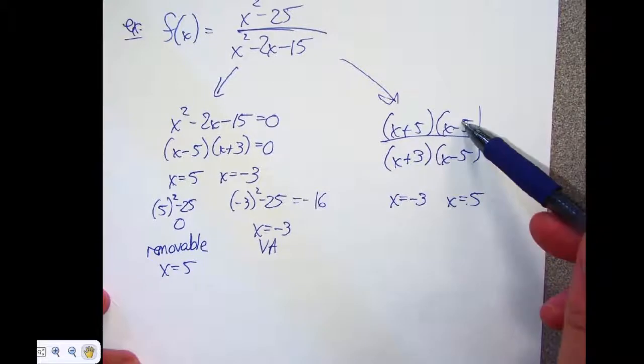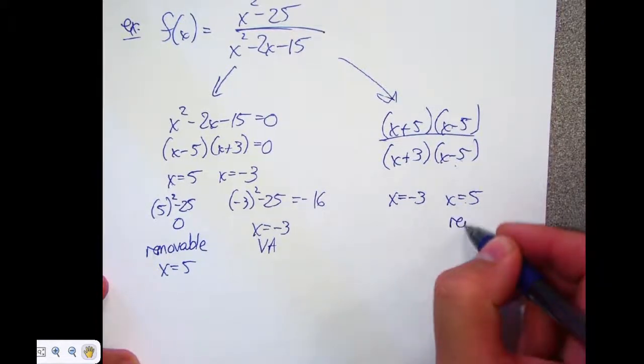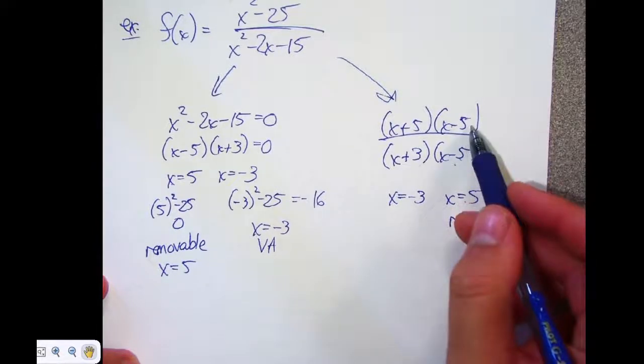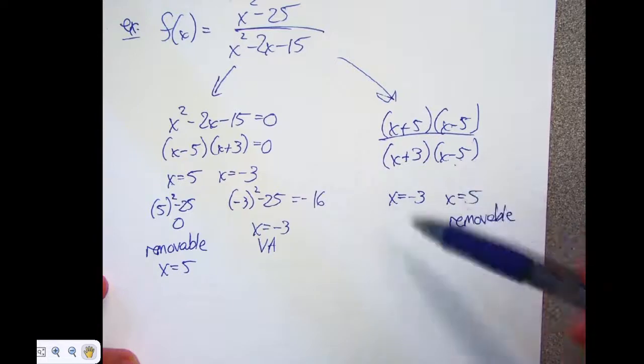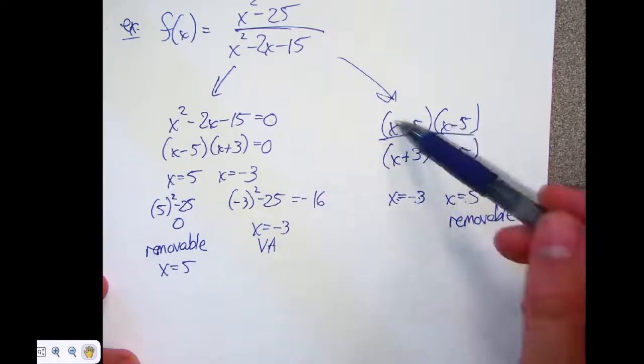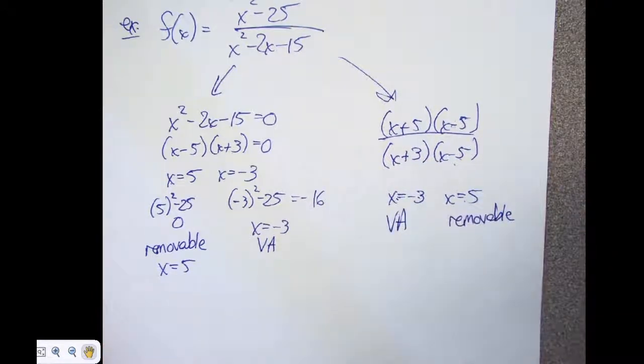So if I plug 5 into the top, I can tell those are going to cancel, because I get 0. For x equals negative 3, there's nothing that would cancel with it. Or if I plug back into the top, I would not get 0. So that's a vertical asymptote. So either way you go through it, I don't care. How many had that correct? Questions on it?